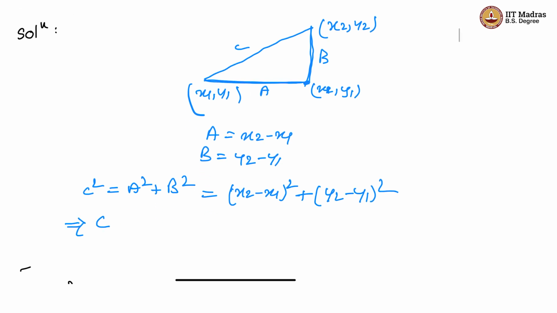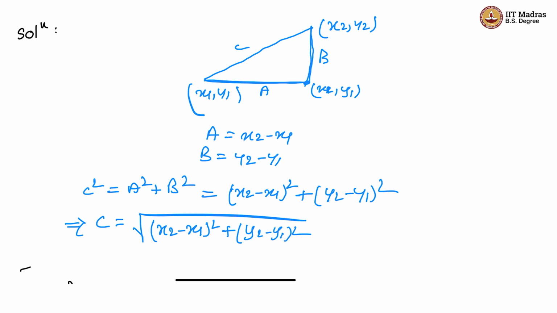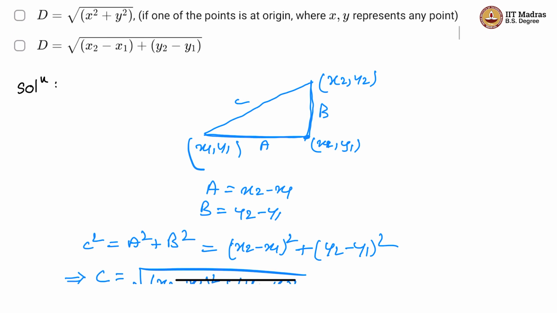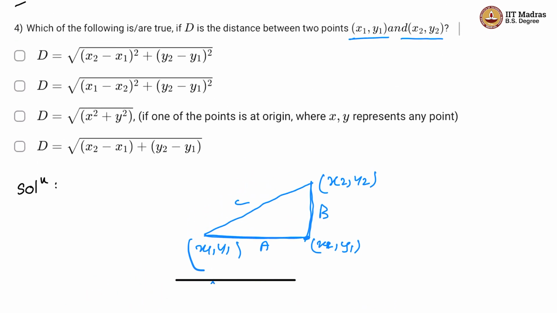So it will imply C equals root of x2 minus x1 square plus y2 minus y1 square, right? So the first option is correct.